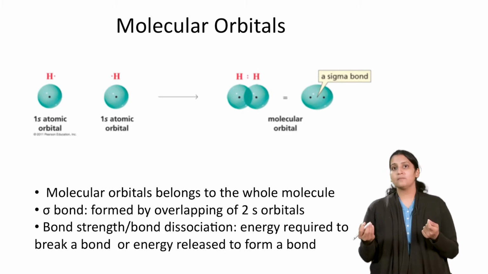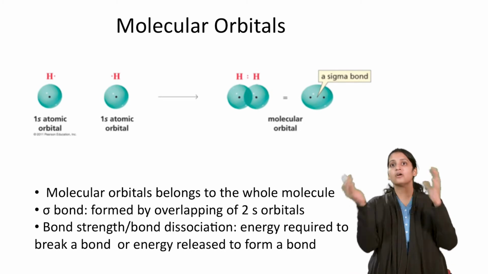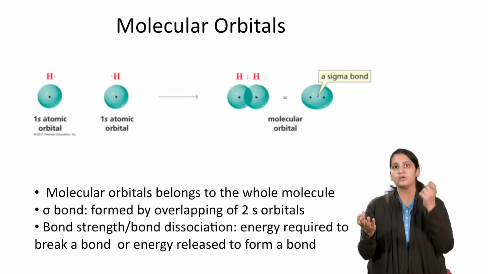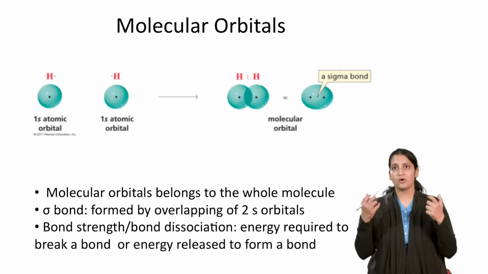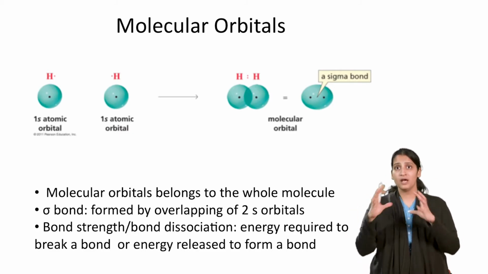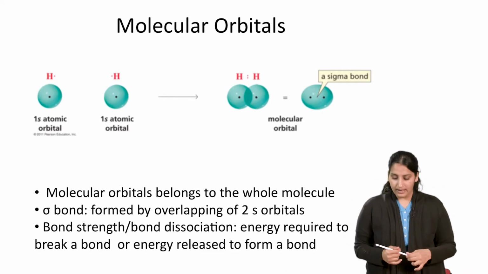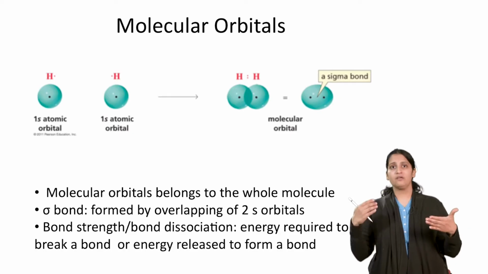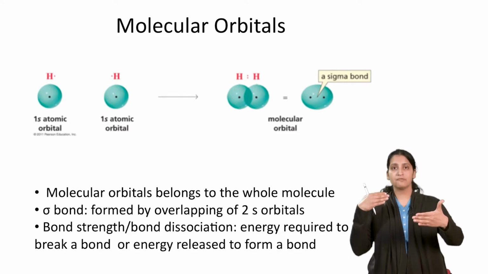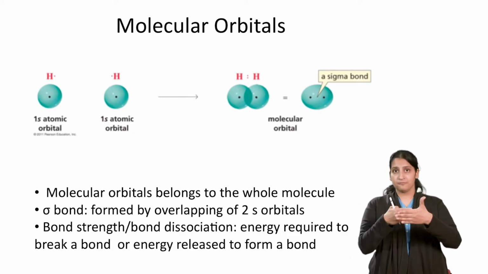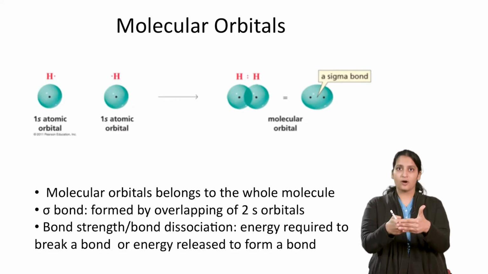One thing to remember is that the molecular orbitals belong to the whole molecule and not to an individual hydrogen atom. Once the molecular orbitals are formed, they belong to the whole hydrogen molecule, and a sigma bond results because of an overlap of these two atomic orbitals.